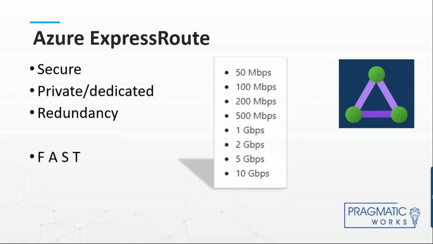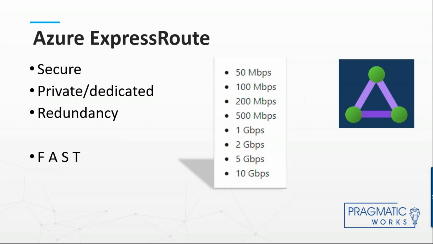It's a secure, dedicated connection from your environment to Azure. And you can provision connection speeds that are listed there. So I can go all the way up to a 10 gig connection, which is really going to help with that transfer rate.